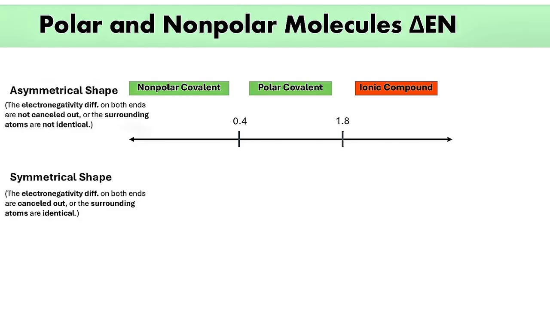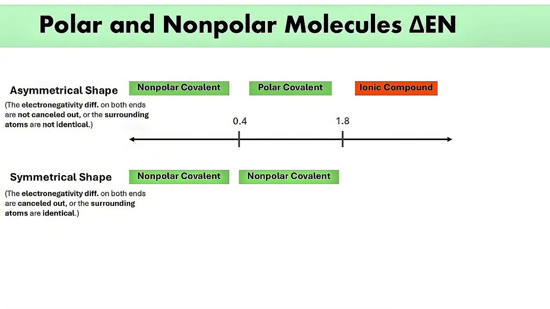So what happens to the polar and nonpolar classification based on the difference in electronegativity? If it is less than 0.4, of course, it is always a nonpolar covalent compound. But if we're talking about a symmetrical shape between 0.4 and 1.8, it will still be a nonpolar covalent compound. And what is the reason why we can say that? It's because it is symmetrical.